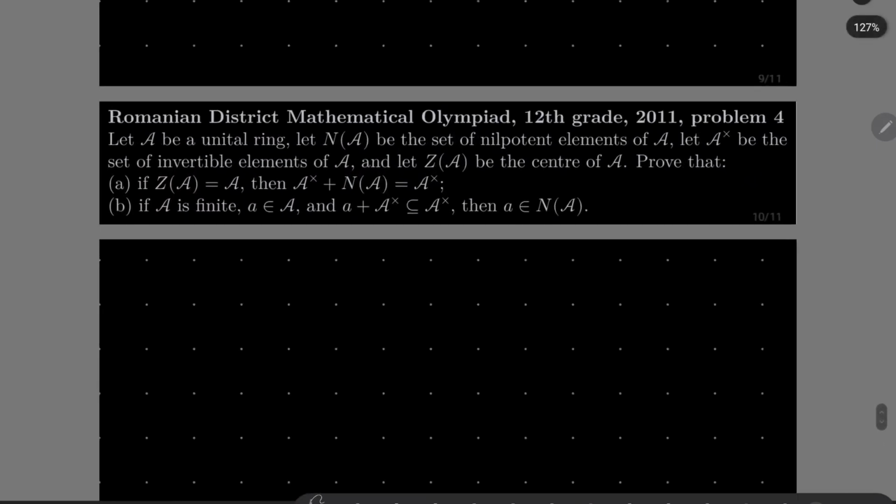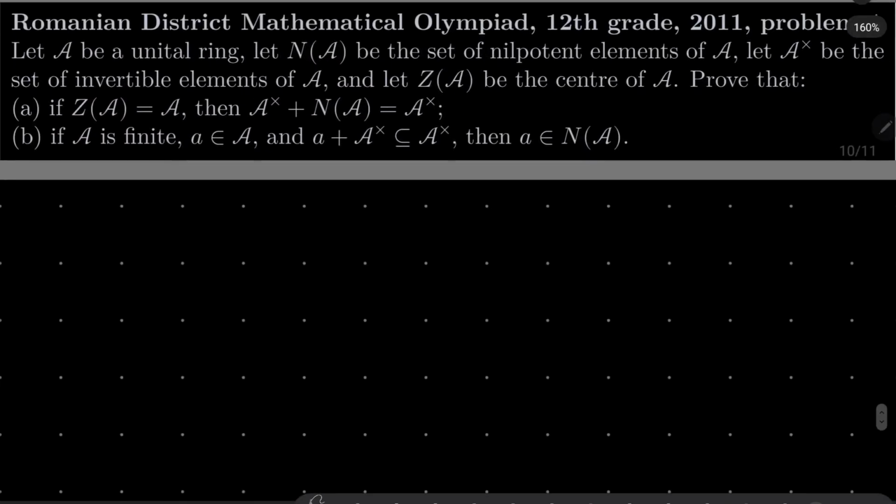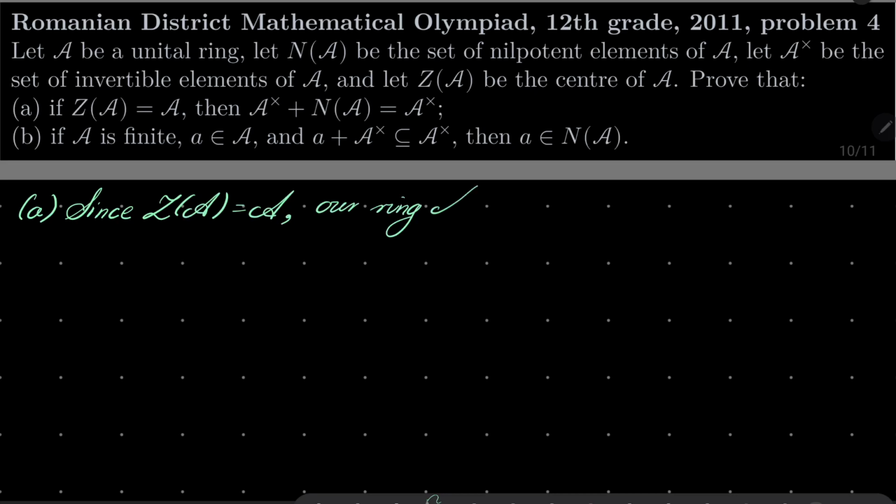Right. So let's start with part A. As I said, since Z(A), the center of A, equals A, our ring A is commutative. So ab equals ba for every two elements.